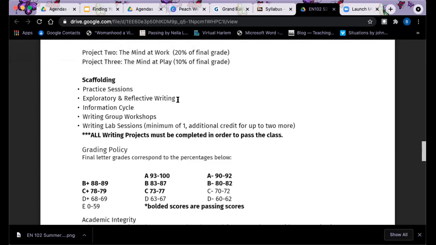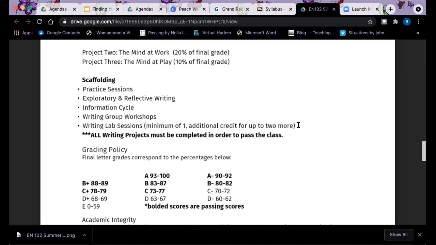Exploratory and reflective writing, those are things that I would give you separate from Habits of the Creative Mind. The information cycle, you'll be working on that. Your writing group workshops will be part of your 60%, and then your writing lab sessions. I'm requiring 1 writing lab session. You can do 2 more for additional credit.